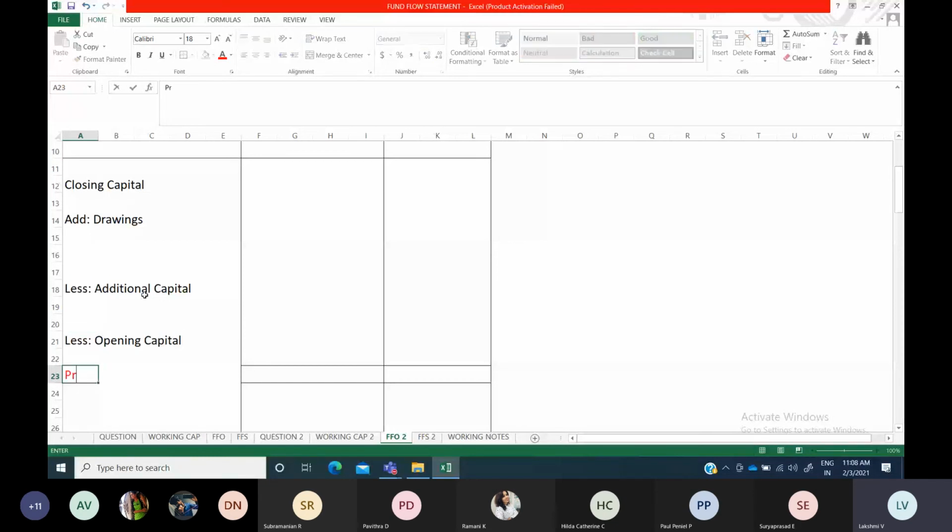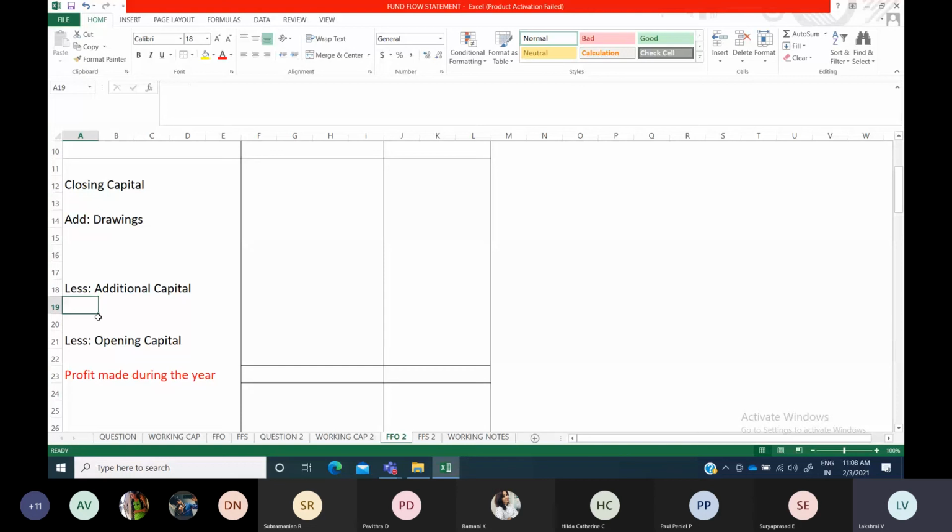If it is a positive answer, then you will get profit made during the year, or else the business is incurring a loss. So this is the actual format. Closing capital, add drawings, only drawings you will add. Additional capital, anything introduced in between, will be subtracted.